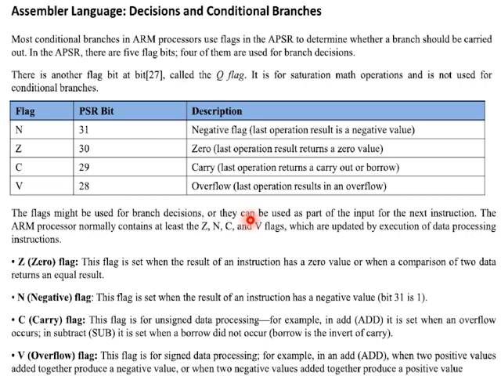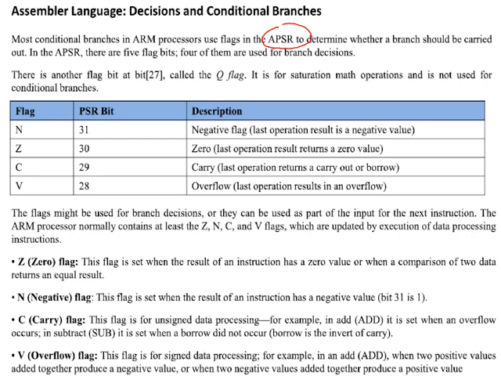Whenever we see a condition, we should think about the special register, that is the APSR register. We know already that APSR can hold the flags, which are N, Z, C and V. We have already discussed that in the previous lecture.